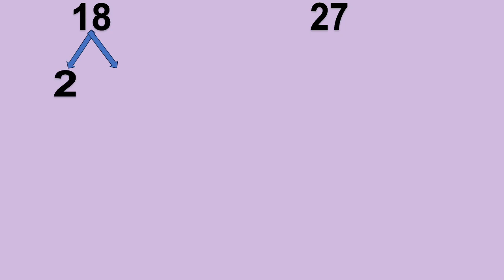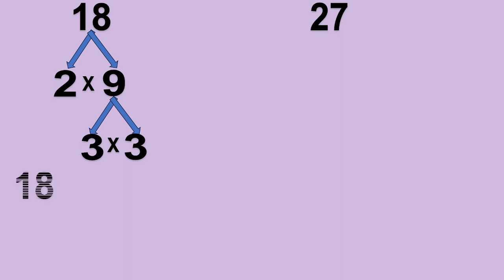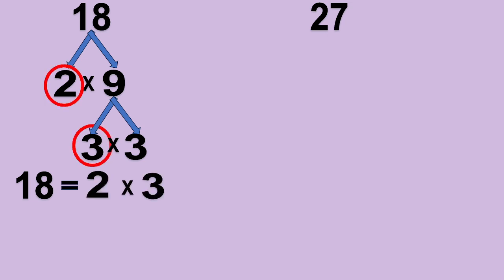We have 2 and 9. 2 is a prime number, while 9 is a composite number. So, the factors of 9 are 3 and 3. Now, list the prime factors of 18. We have 2, 3, and 3.